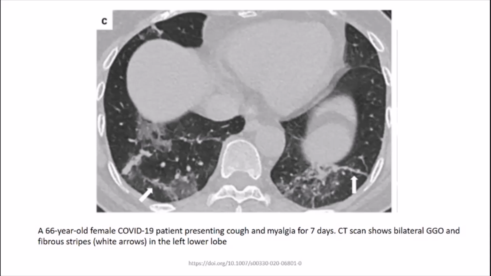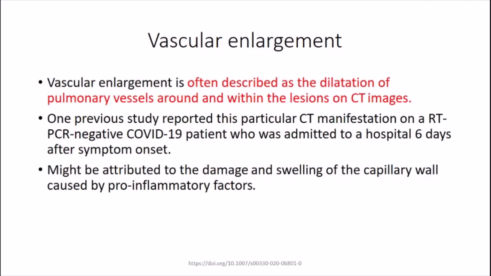So this is a 66-year-old female COVID-19 patient presenting with cough and myalgia for 7 days. The CT scan showed bilateral ground glass opacities and fibrous stripes in the left lower lobe. Vascular enlargement is one of the important signs. We will come later to why it's important.